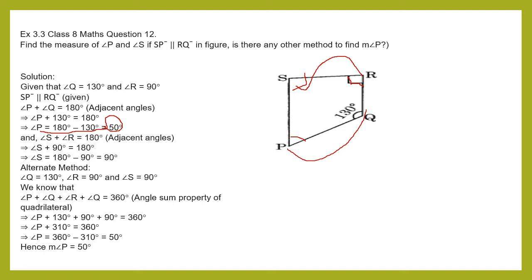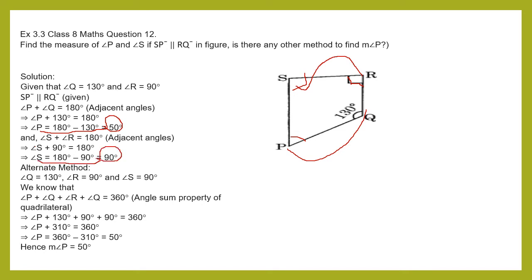Angle S plus 90 degrees equals 180 degrees. Angle S equals 180 degrees minus 90, since 90 comes to this side as minus 90. So 180 minus 90 gives us 90 degrees. So the value of angle S is equal to 90 degrees.